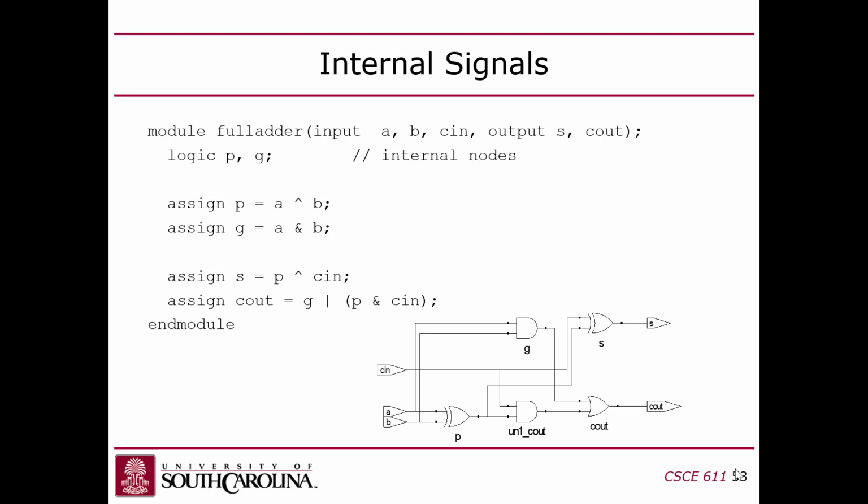SystemVerilog made everything logic. So logic is the only data type we're going to use in this class. Logic is just bits, and when I say bits, that means the bits can be 0 or 1 or X or Z, as I mentioned earlier. X and Z are those two special values as well.